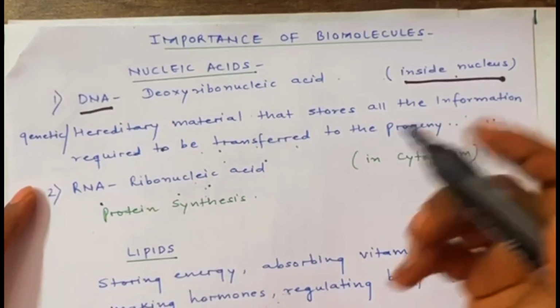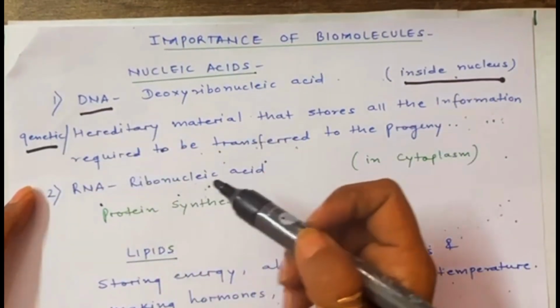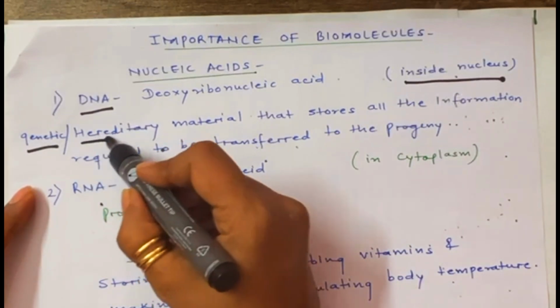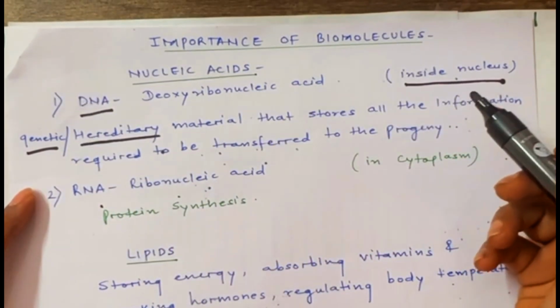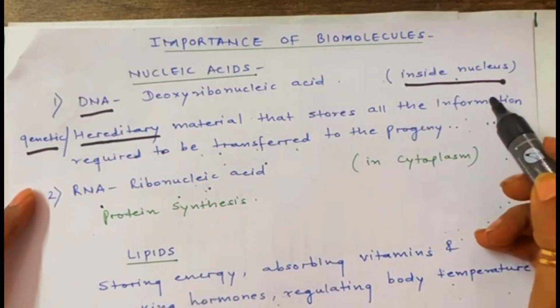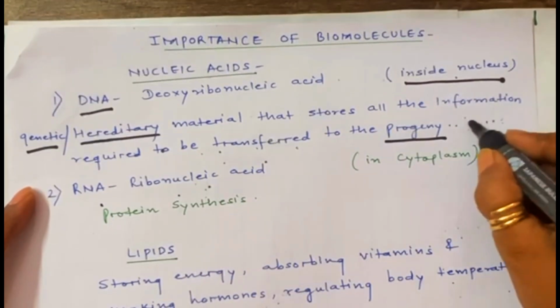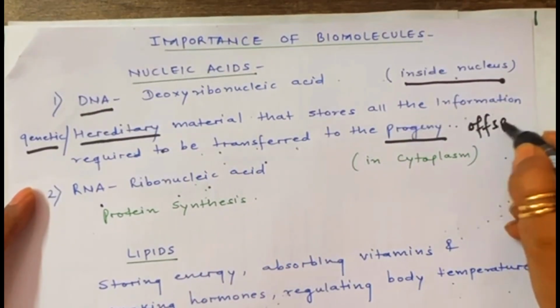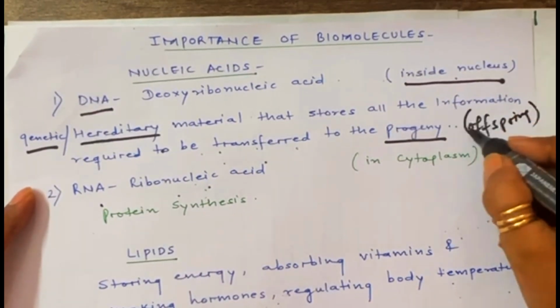So DNA is a genetic or hereditary material that stores all the information required to be transferred from the parents to the children.